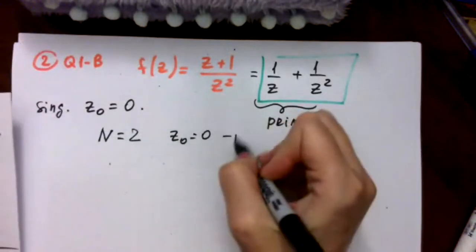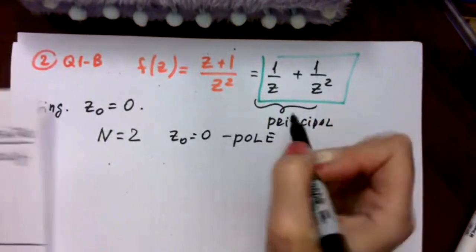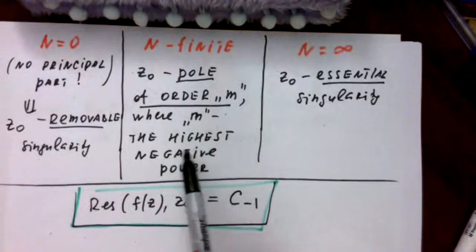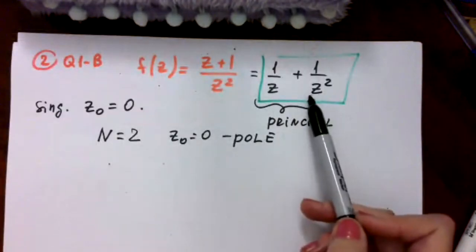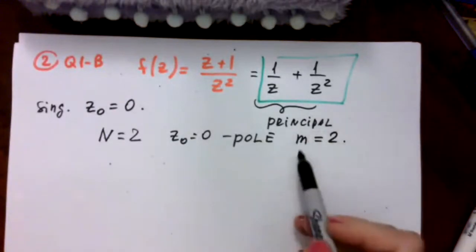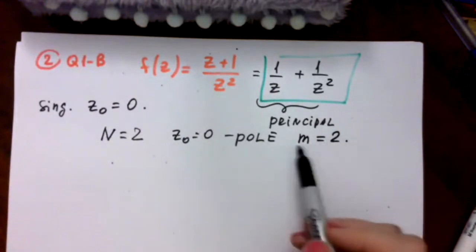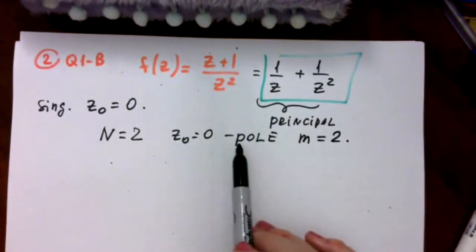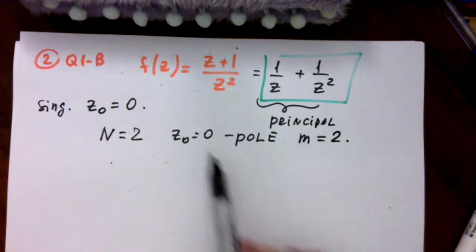Our singularity point is a pole, but when you come across a pole, it's absolutely necessary to determine its order. What is the order? The highest negative power. What is the highest negative power here? 2, of course. So this is a pole of order 2. I prefer to write m is equal to 2 instead of words, but if you prefer, you can always give the answer in this form, pole of order 2.